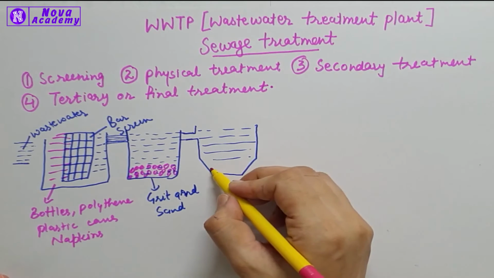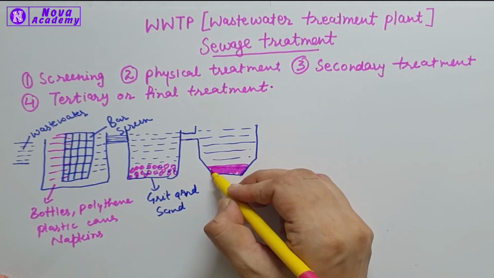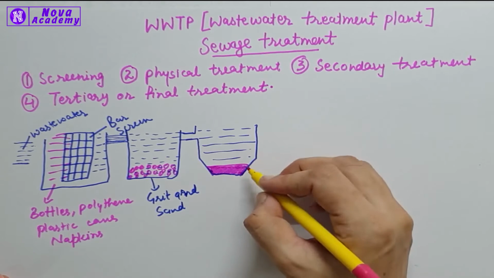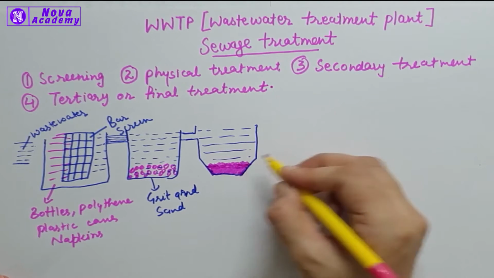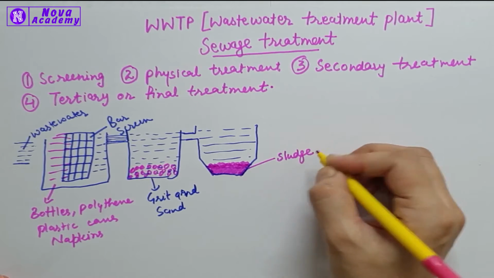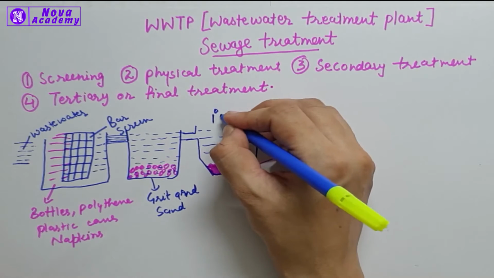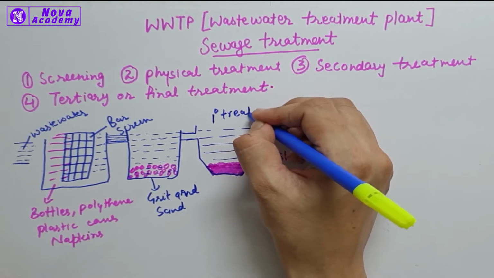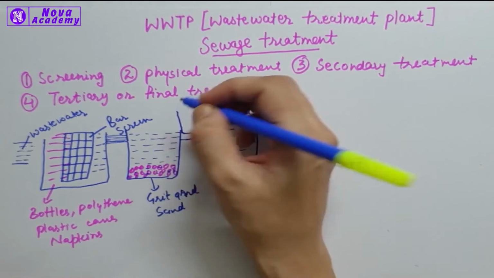These impurities, basically dissolved in water, after the water is left undisturbed, settle down and are called sludge. And here we will do the primary treatment, and up to this it comes under screening.